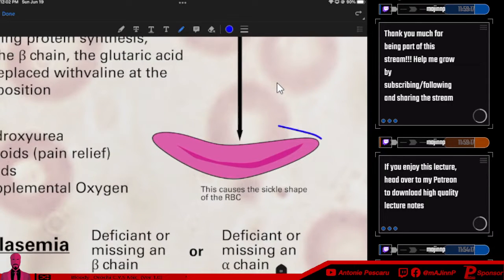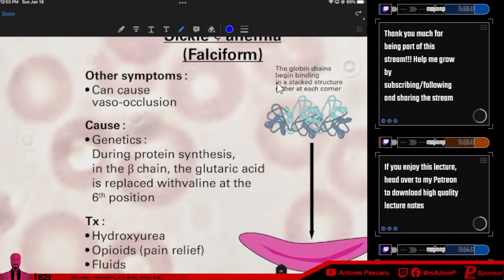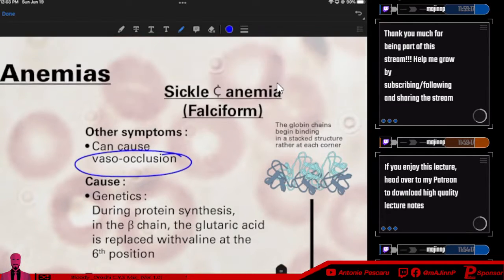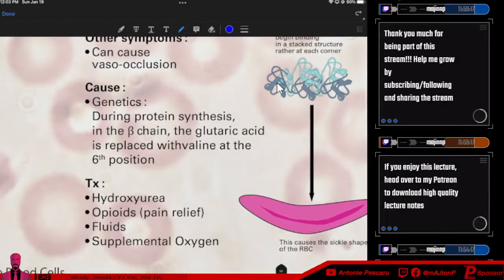And this sickle shape is really dangerous because the cells can clump together to create vasoocclusion inside of the capillaries, which is really dangerous because you could eventually get occlusions, stops, blockages, anything else that's really dangerous.